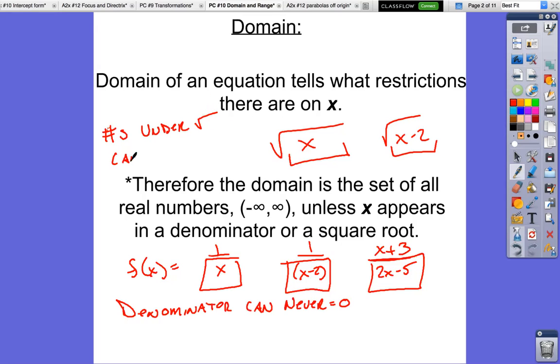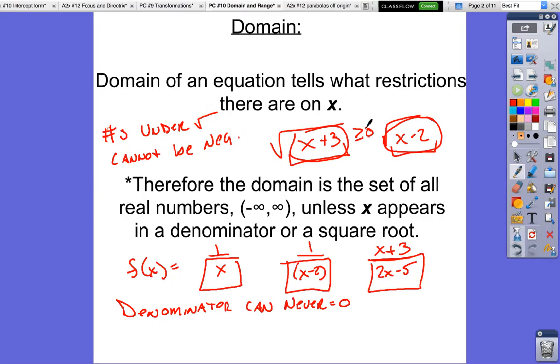Exactly. So they cannot be negative. If it's under a radical, the entire value here cannot be negative. It doesn't mean x can't be negative, because if I had something like x plus 3, then that means this whole thing has to be greater than or equal to 0. And that's it.